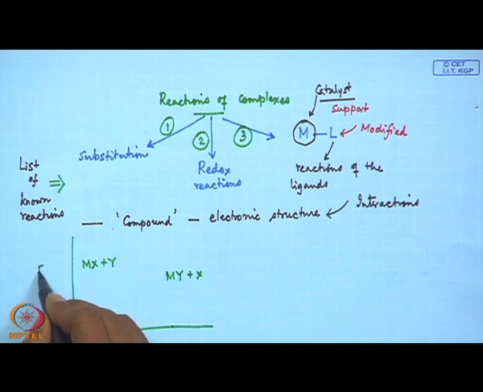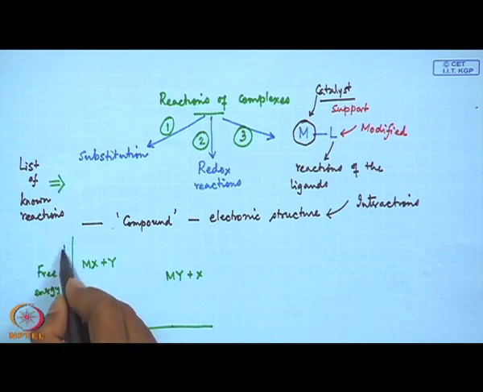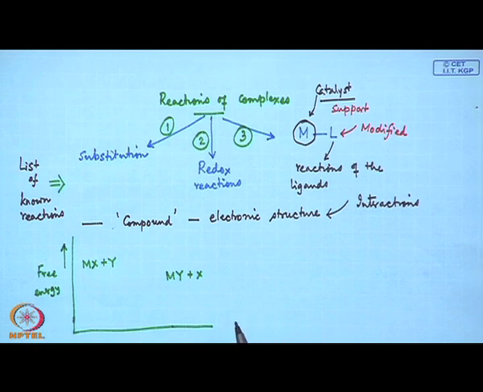So, if we have this axis as the free energy change for the substitution of X by Y, and how much we are progressing from left to right, that is how fast or how far the reaction is going, that means the extent of reaction.